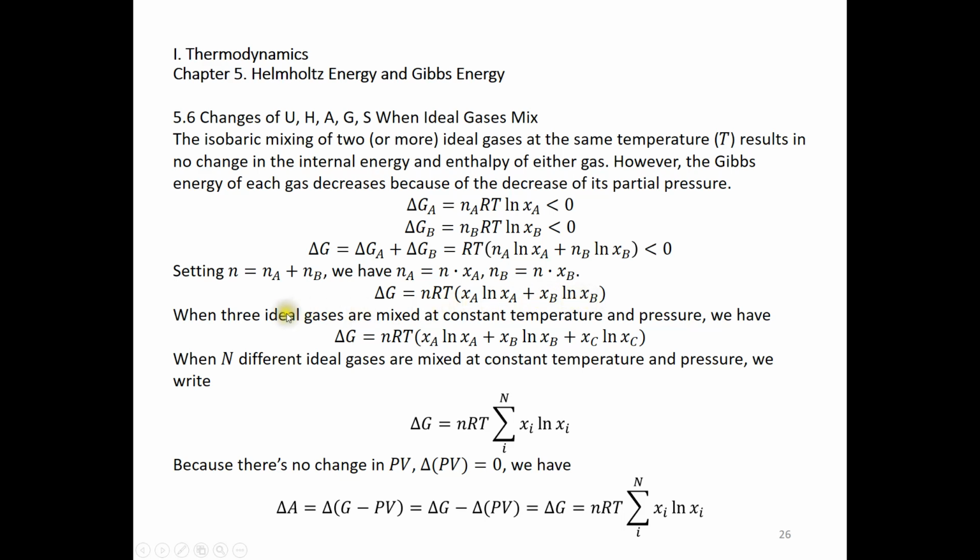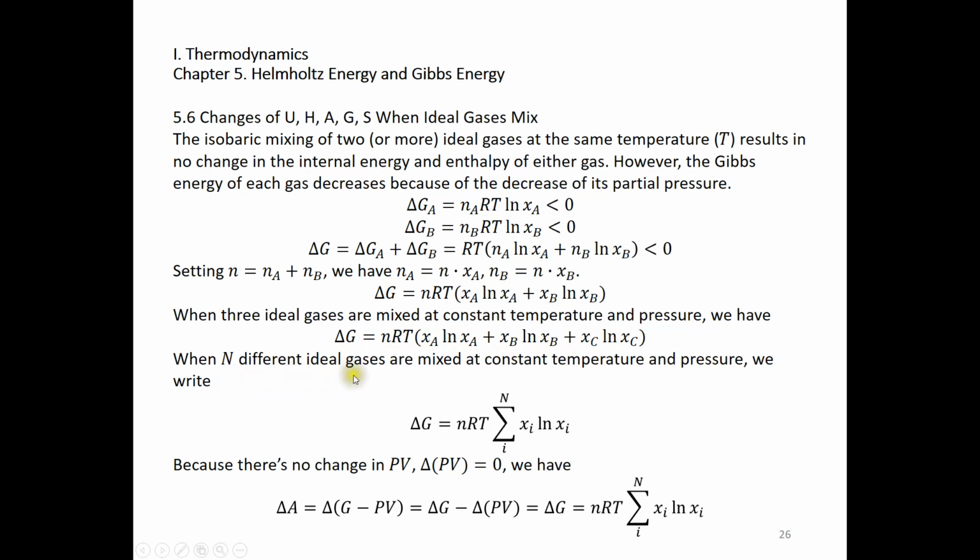What if we have three ideal gases? We just need one more term. We need x of C times the natural logarithm of x of C. So we have the sum of three terms. We have delta G is equal to the sum of the Gibbs energy changes of A and B and C. What if we have N different ideal gases?